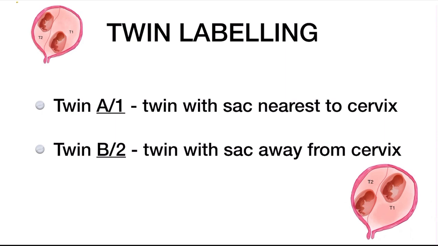So the crux of this is that the position of the G-sac in relation to the maternal cervix is used to determine twin labeling in early pregnancy, because the G-sac position relative to the cervix remains constant throughout the pregnancy, while the positions of either fetus can keep on changing.